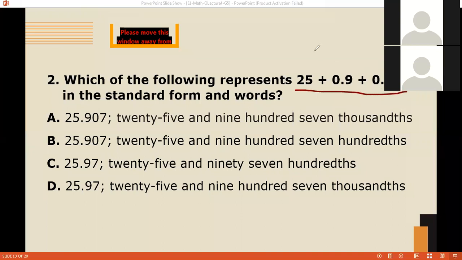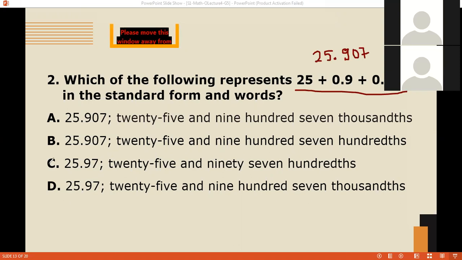It's 25 point 9 07. Okay, this is the standard form.